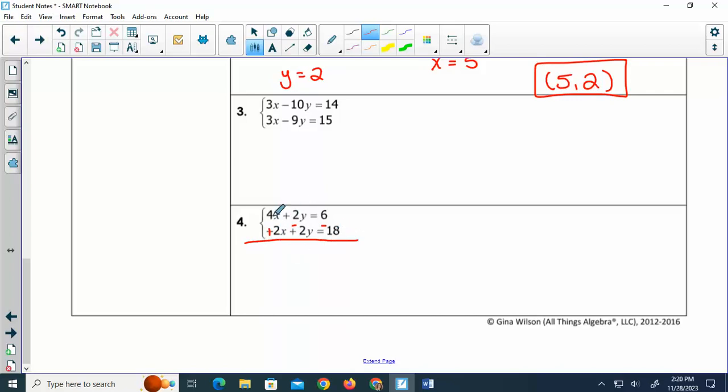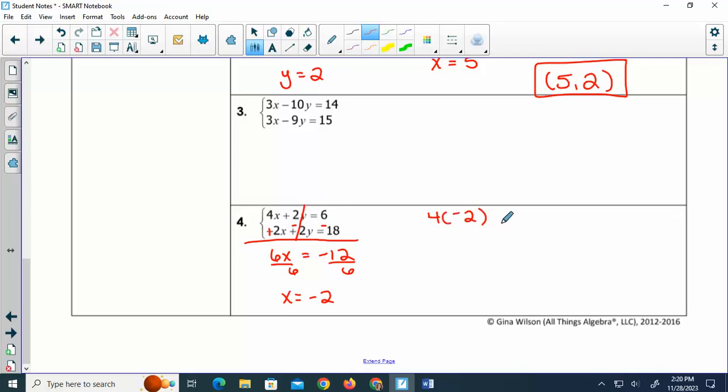Okay, so then 4x plus 2x is 6x. 2y and negative 2y cancel. 6 plus negative 18 is negative 12. X equals negative 2. All right, we plug that back in. Let's say I'll go to the first one.